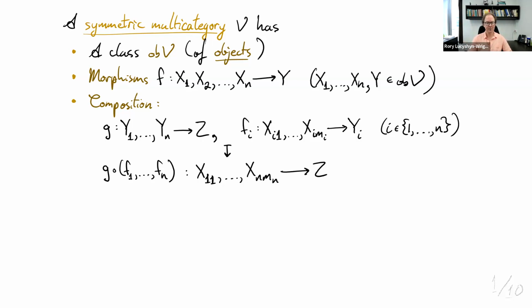So we concatenate all those, and we get a morphism valued in z from there to z.